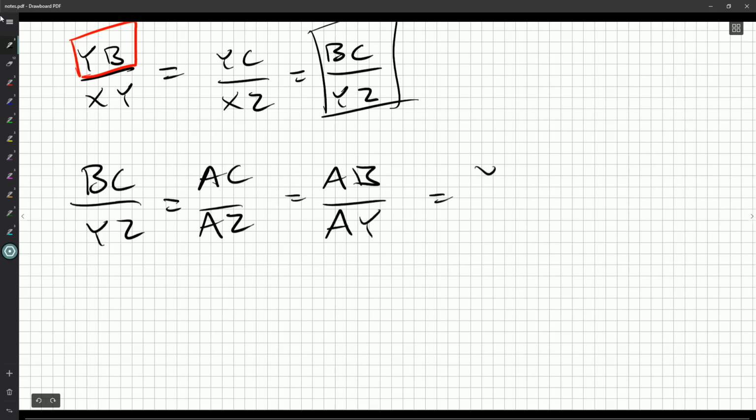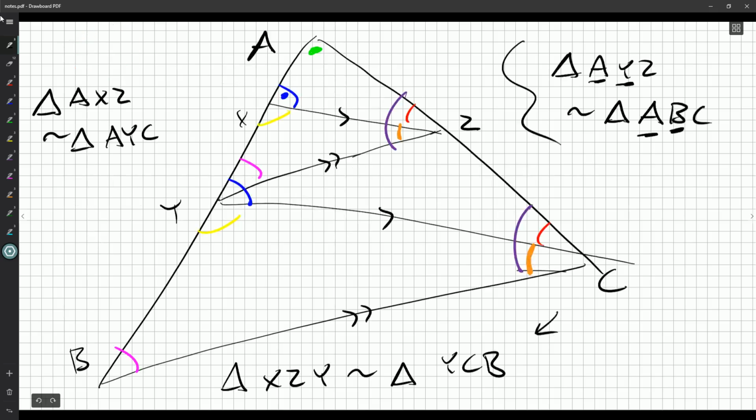So that means that they're also equal to YB over XY. Just as an example.